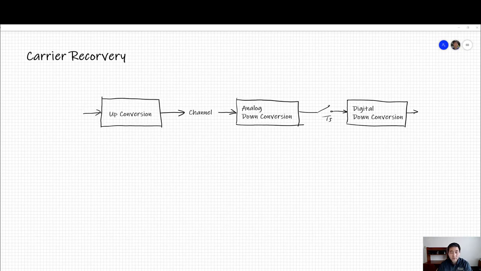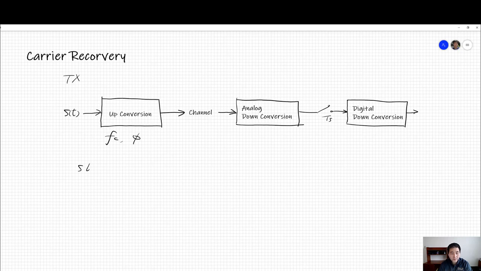Here is a generic block diagram of a communication transmitter and receiver pair. At the transmitter side, we have signal s(t), which is the signal after digital modulation and the pulse-shaping filter. We will upconvert that onto a carrier frequency fc and a phase phi.